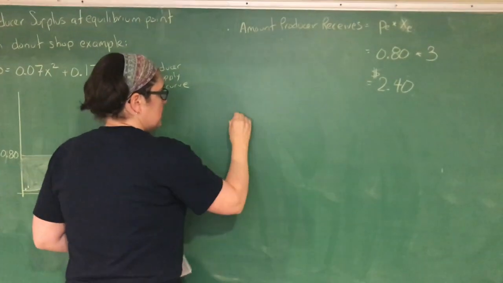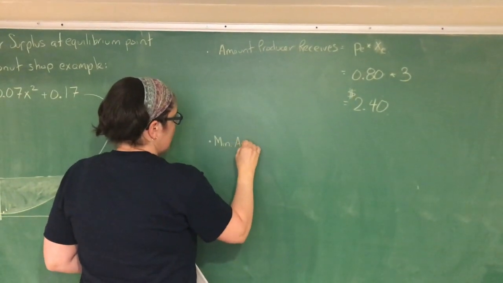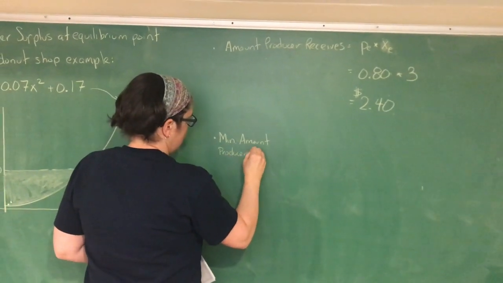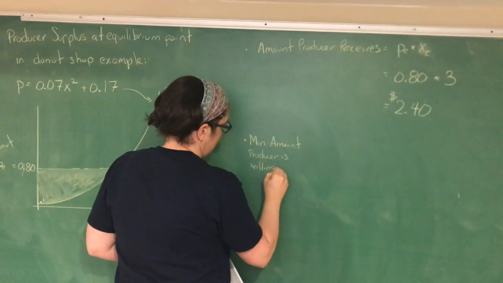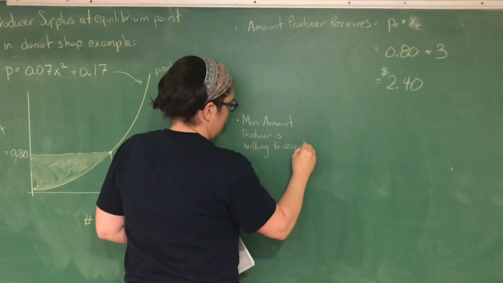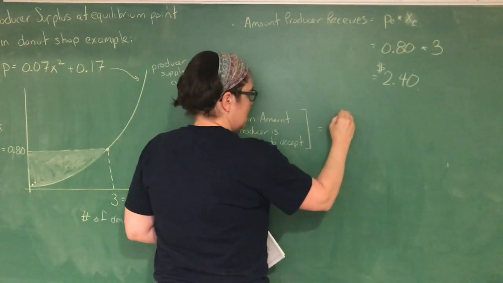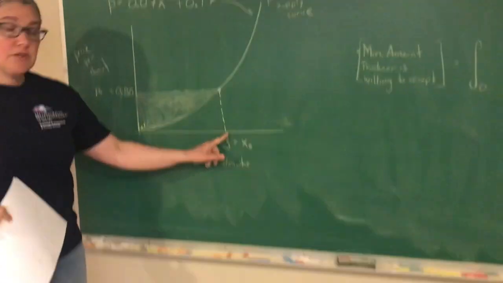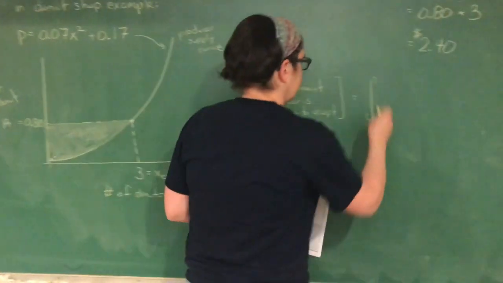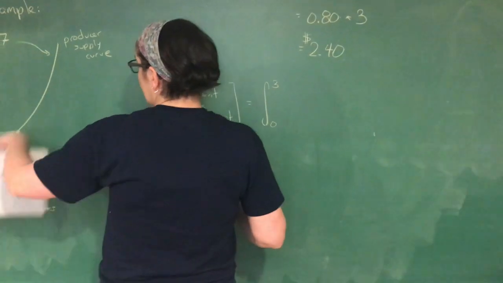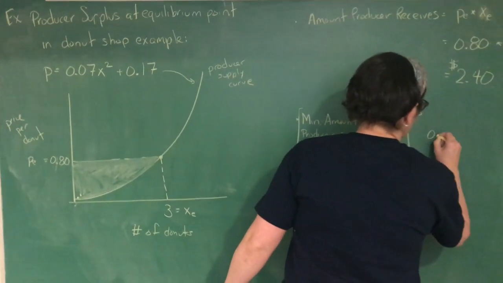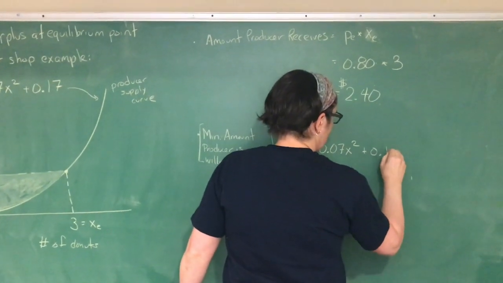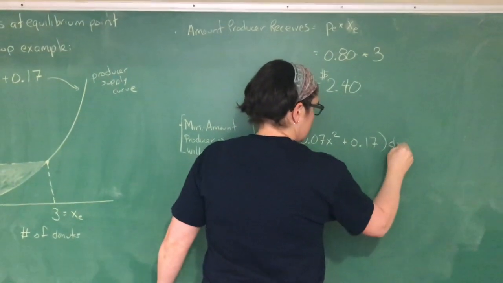The second piece of information we need is the minimum amount that the producer is willing to accept. And this amount is our integral from 0 over to our x value of 3 under our function, which is our producer supply curve, and that function is 0.07x squared plus 0.17 dx.